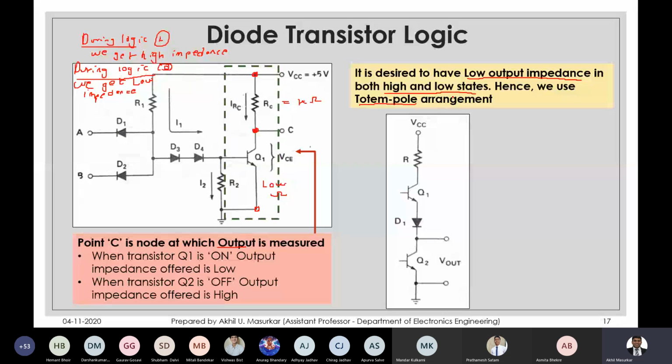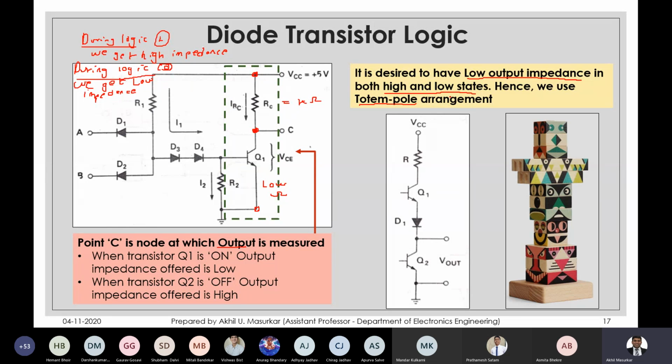Because a totem pole is basically something like this. This is called as totem pole, and it's a part of native Indian American culture. During their festivals, they stack these structures like this, and this arrangement is called as totem pole.